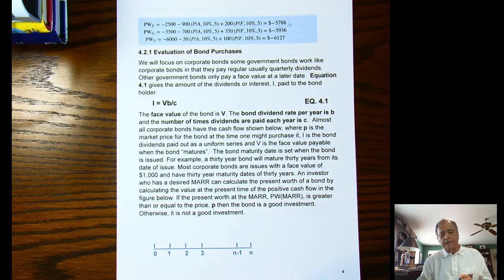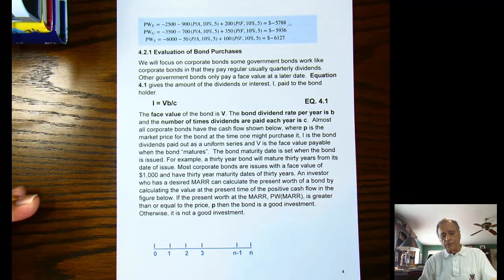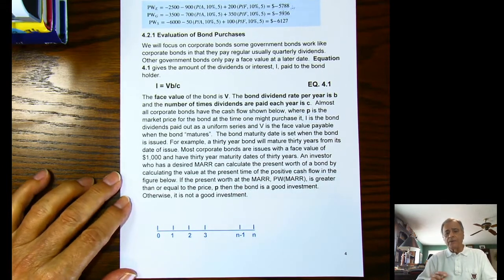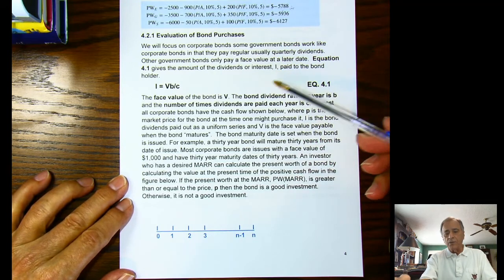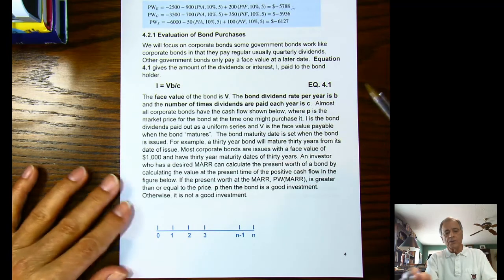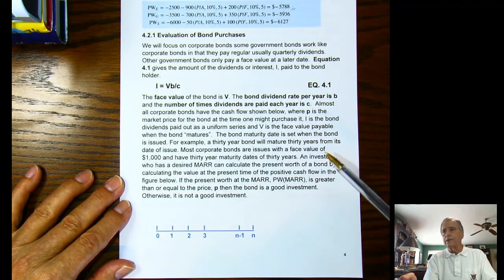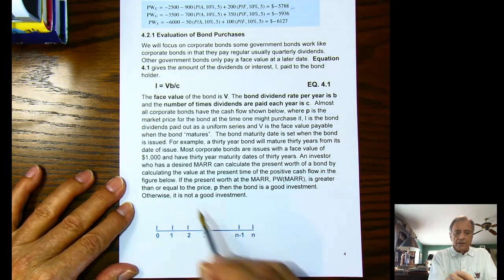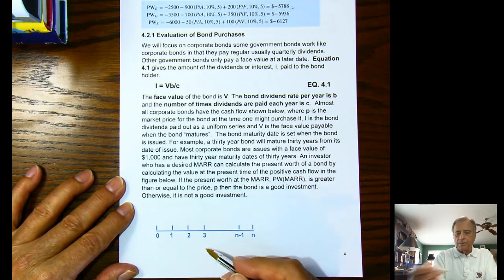Now, every bond has a cash flow that has a certain form, and I'm going to draw that form up here. Every bond that pays a dividend on a regular basis, and most corporate bonds do this, forms an A series. So if I look at this, your dividends start the first period after you buy the bond.